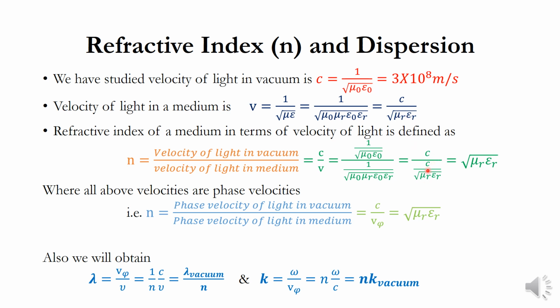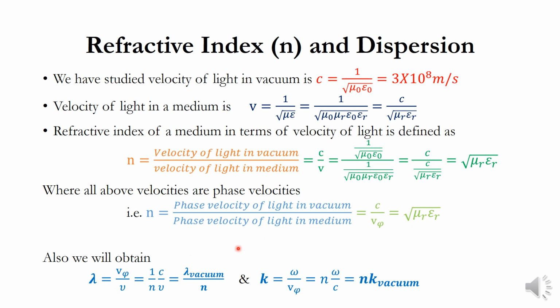So substituting here, the c gets cancelled and this goes to the numerator, so that this becomes n equal to root of mu r epsilon r. That is, phase velocity of light in vacuum divided by phase velocity of light in medium, that is c by v phase, is equal to root mu r epsilon r.